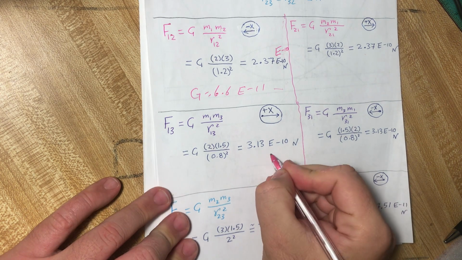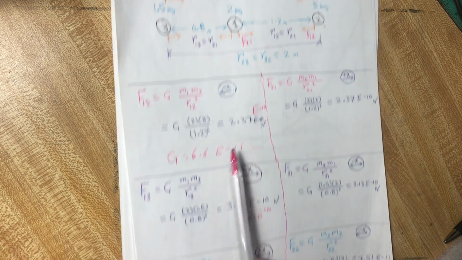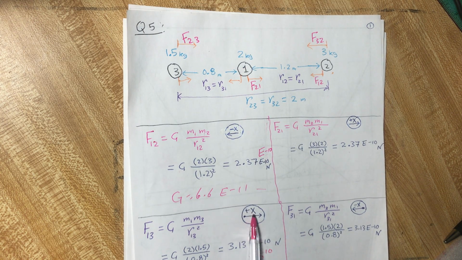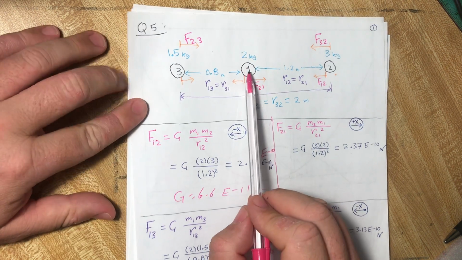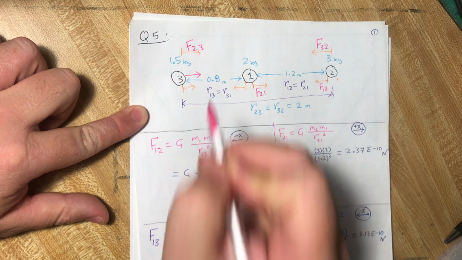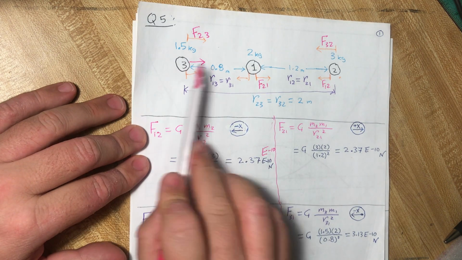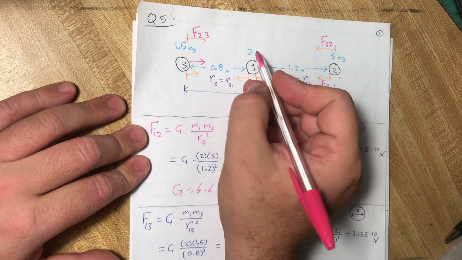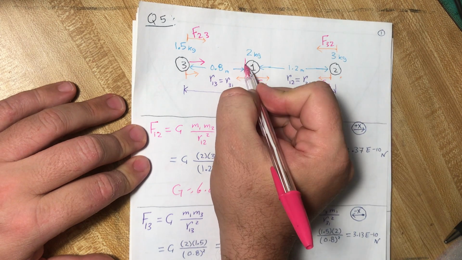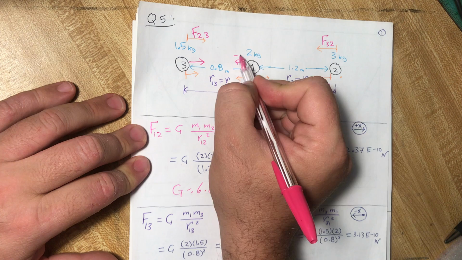The direction of this force is the positive x direction: this mass acts on the third one and attracts it in the positive direction. Now the third mass attracts the first to the negative x direction.